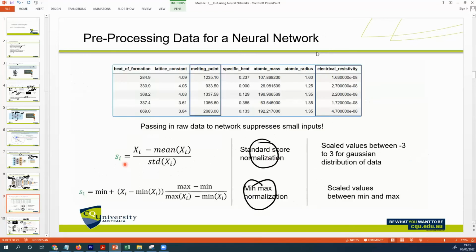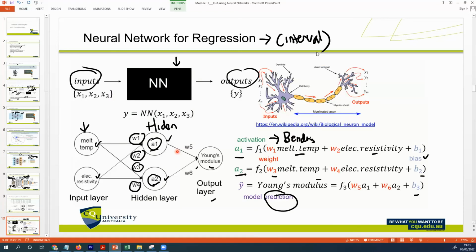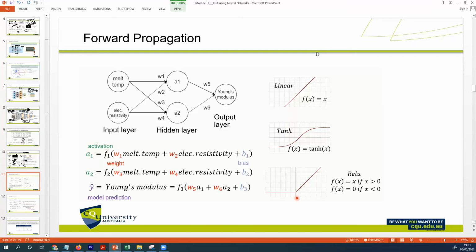And then let's continue. Those are using forward propagation. The melt temperature influences A1 and A2, and then this goes into the Young modulus.